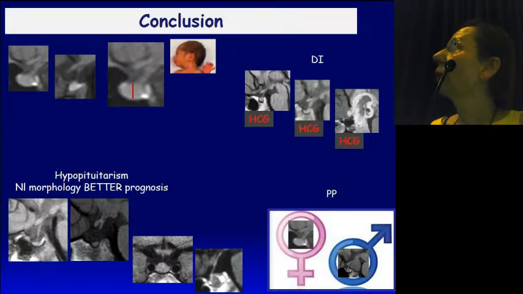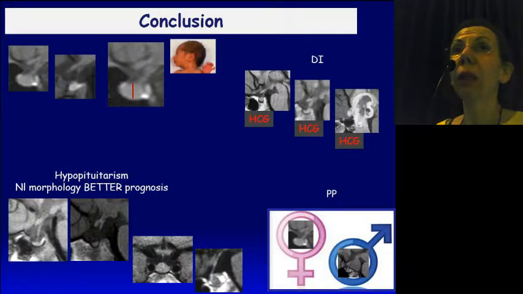So coming to the end of my presentation, I would suggest the following. MRI for pathology of the pituitary gland is very important. It's the imaging modality of choice. Please remember that the baby should be well hydrated in order to see the bright signal intensity of the posterior lobe.